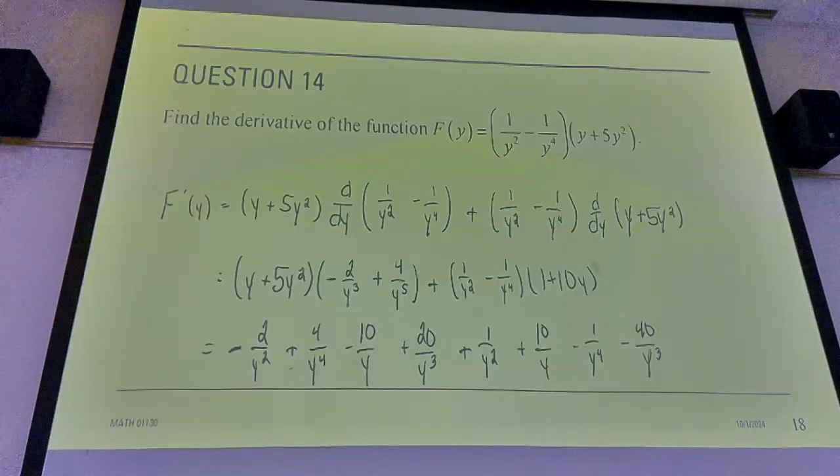Let's just take care of that right now. 10 over y is gone. That's nice. So let's write it up here. We have a common denominator of what? y to the fourth.